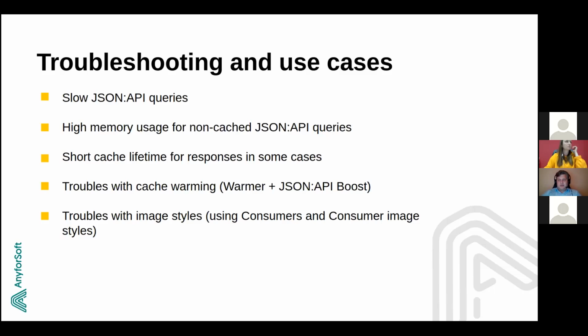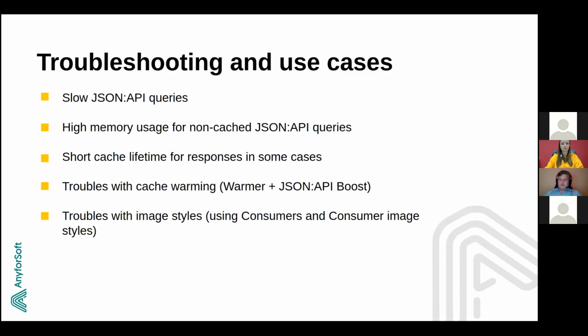One more thing is troubles with cache warming. As I told a little earlier, when we are using the JSON API boost and warmer module for caching of the JSON API responses, when we are using standard queries, everything is fine, and queries could be cached. But when we are using custom queries with custom filters and sorting, this kind of queries could not be warmed. It's not good, but this module is not providing this solution out of the box.